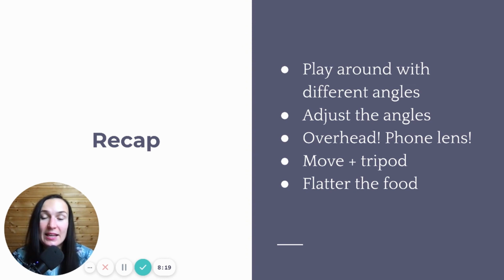And again, it might be a cliche, but it is a cliche because it works. And this is the overhead shot, especially for phone, because phones usually have 28 millimeters. So the lens is not going to make that many weird shapes and everything. So that's why, definitely use overhead shots. And keep on moving and make sure you flatter the food.